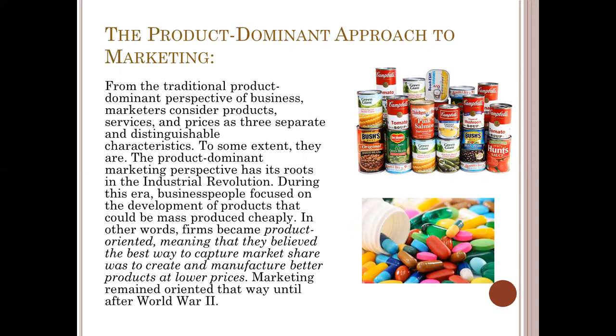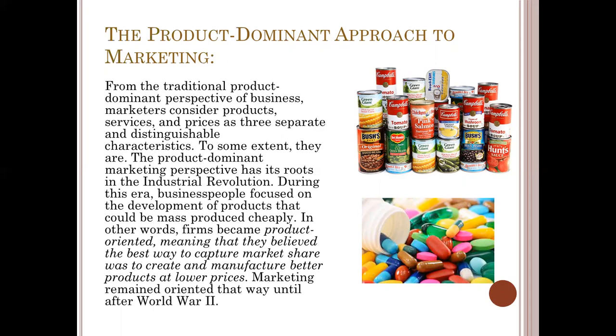The product dominant marketing perspective has its roots in the Industrial Revolution. During this era, business people focused on the development of products that could be mass produced cheaply. In other words, firms became product oriented, meaning that they believed the best way to capture market share was to create and manufacture better products at lower prices.